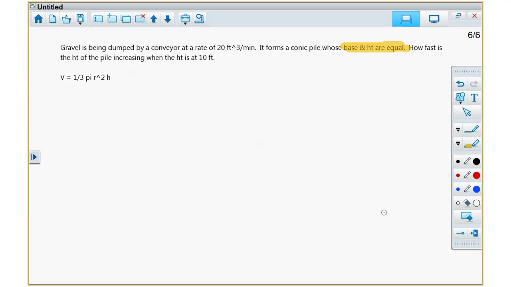The secret to the problem is in the algebra or the formula. What are you looking for? How fast is the height? So you're looking for the rate of the height, dh/dt.